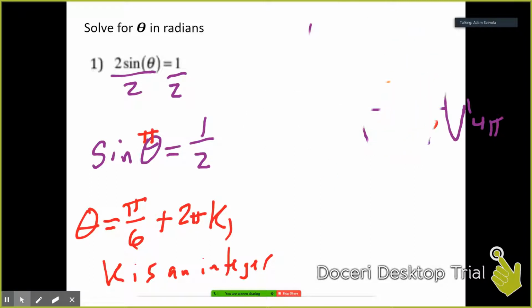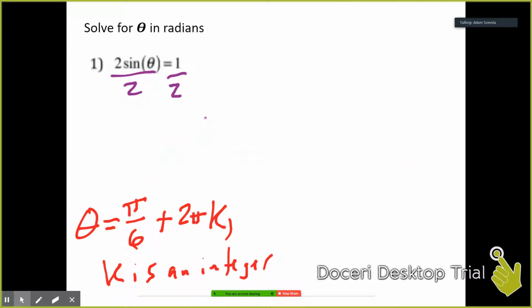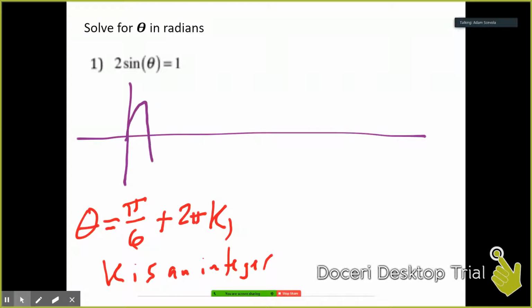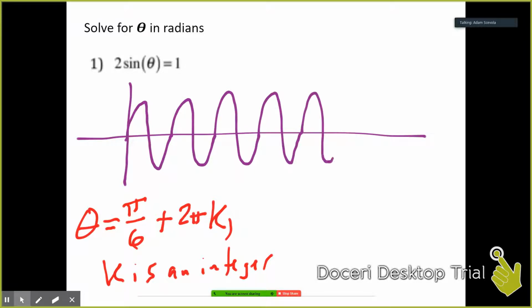So if I were to sketch this out again and just make a graph, like a bunch of sines, a bunch of periods, and this is y equals 1/2.